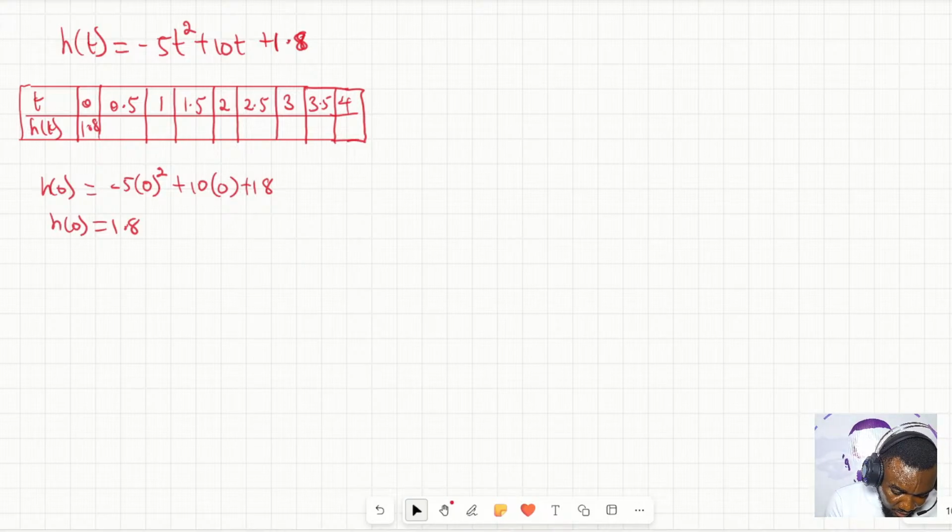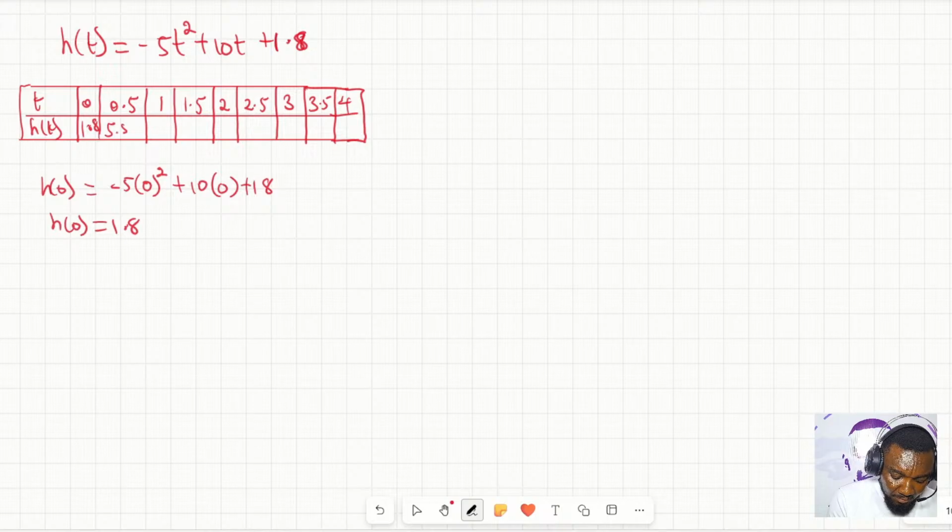And then we can go through the rest using the calculator. So we have minus 5 multiplying 0.5 all squared, plus 10 multiplying 0.5, and then plus 1.8. So we see that that gives us 5.55.